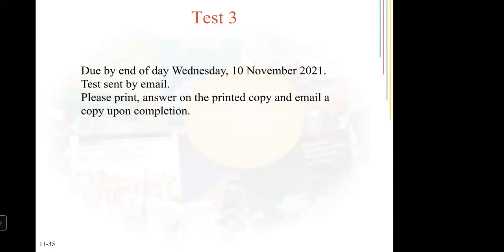It's due by end of Wednesday this week. So you have up until Wednesday to finish that off. I think that's just based on chapters 9 and 11, but you'll see it on the test itself.